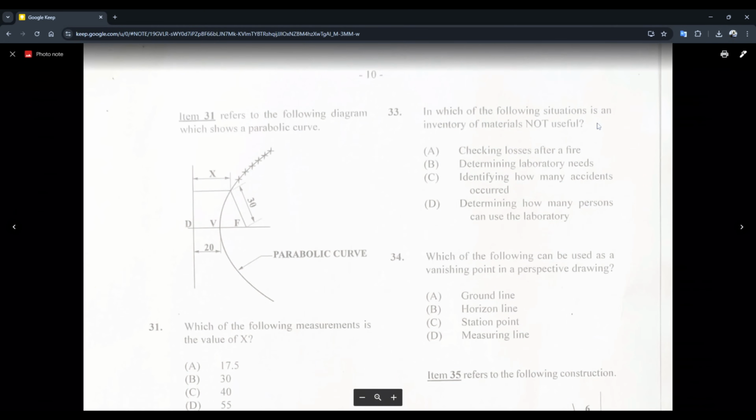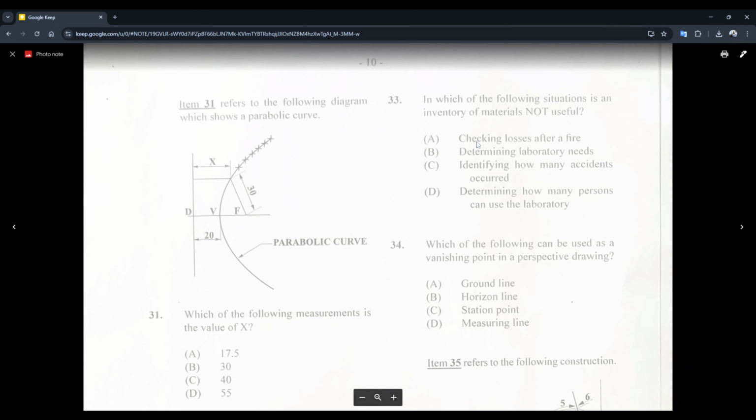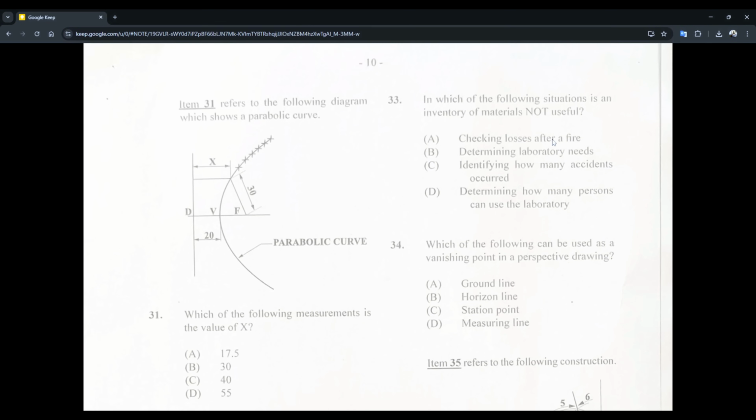Which of the following situations is an inventory of materials not useful? Another tricky question. Checking losses after a fire. This is useful. Determining lab needs, also useful. Identifying how many accidents occurred.